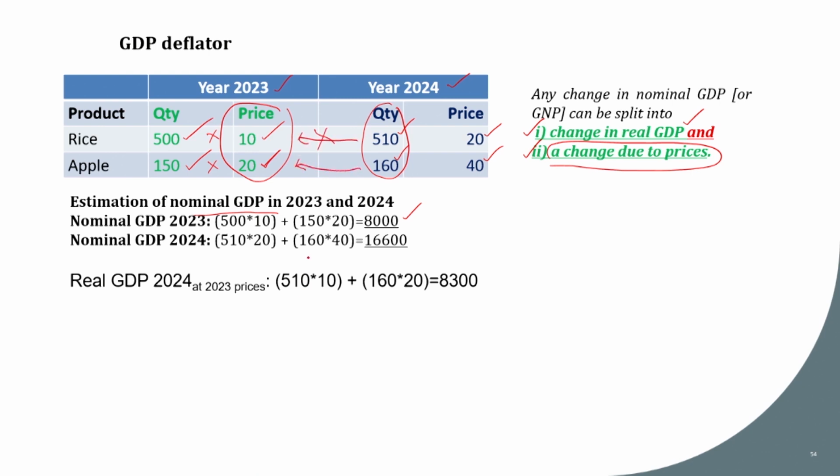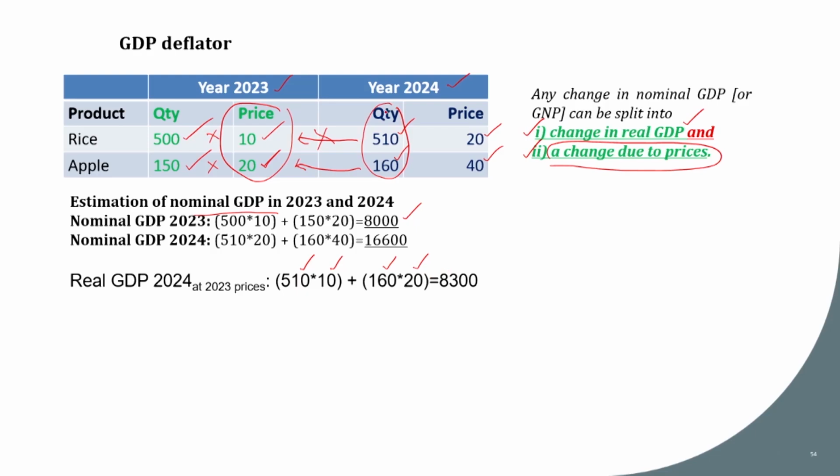So you can see here that 510 is multiplied with the rice price. The 510 is the quantity produced in 2024 and 10 is the price in 2023. Similarly, 160 is the quantity produced in 2024, and 20 is the price of apples in 2023.